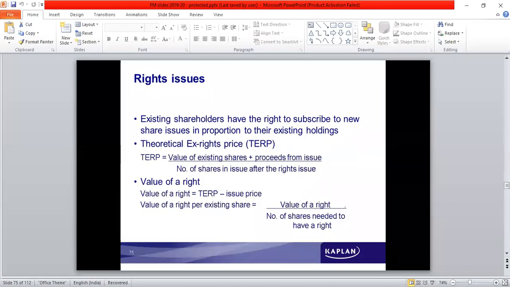So the formula of value of a right per existing share, if we are looking into that, the formula given is, okay.